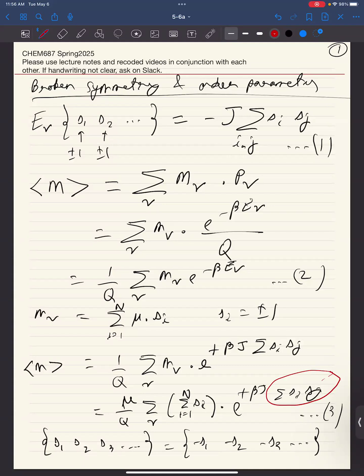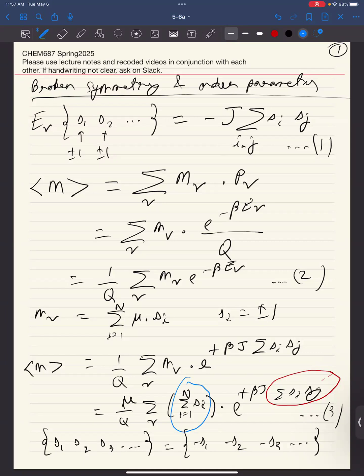That will stay the same because both of them are changing, right? It's not just you're changing only S_i or only S_j, you're changing both of them. It's a product. Both have become minus, so that thing stays the same. What happens to this thing? It becomes negative, exactly the same thing, but negative. So if you think about M now, what should be the average value of M then?